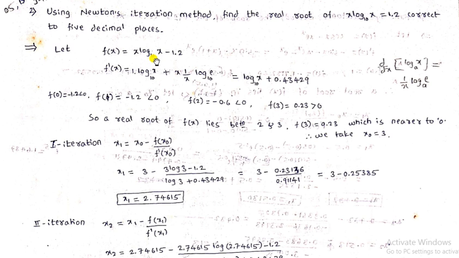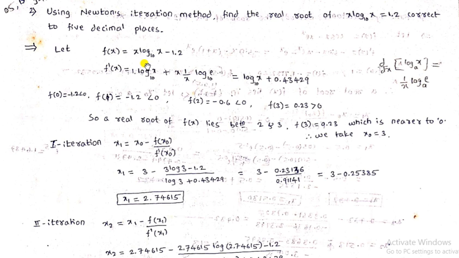to the base 10. So here we will apply the property. So d by dx of log x to the base a, when the base is constant, its differentiation is log e to the base a into 1 divided by x. So we will apply this property.